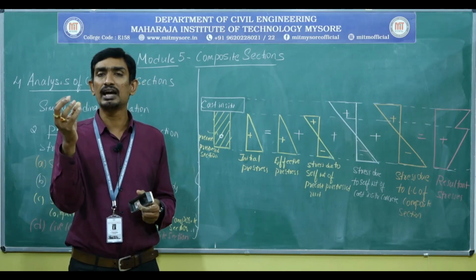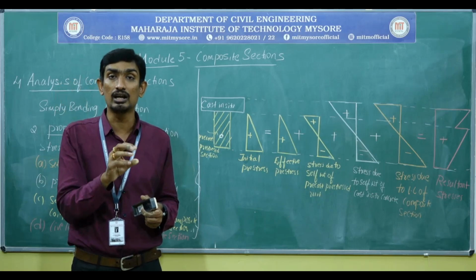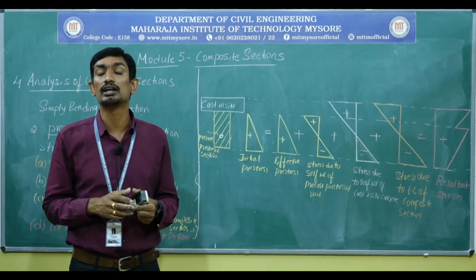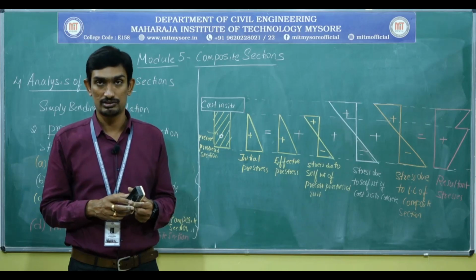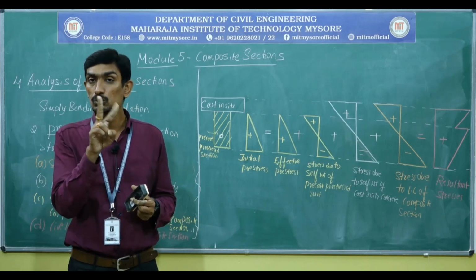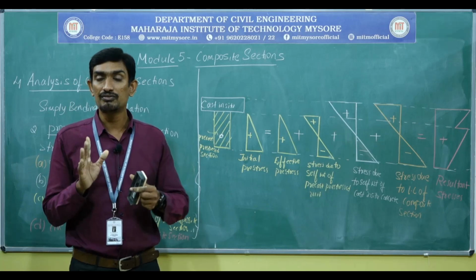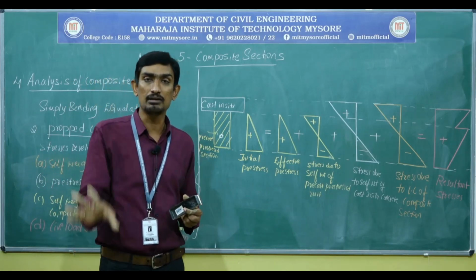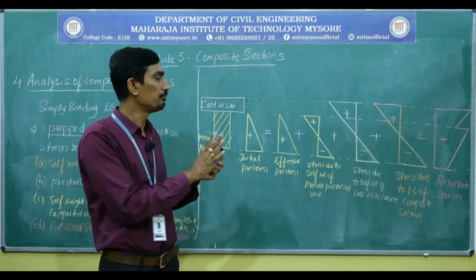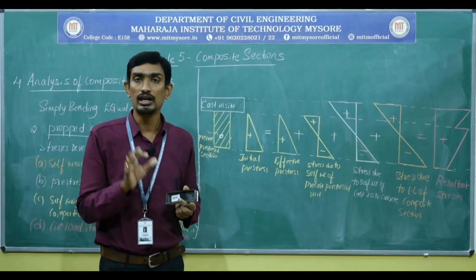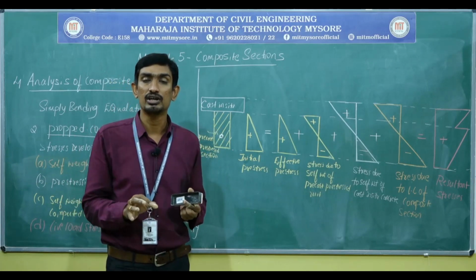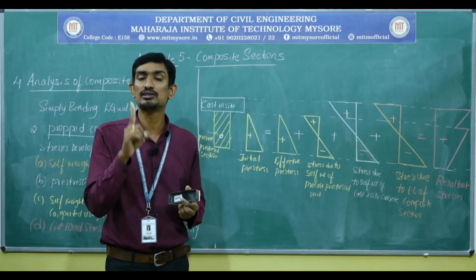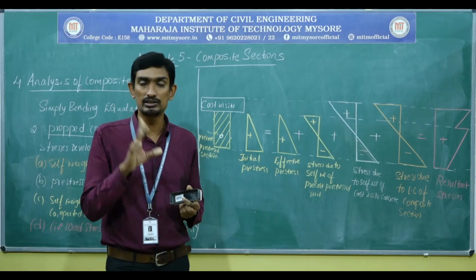We need to multiply this modular ratio factor to the composite section. Later we calculate the live load stresses. So these are the two things you need to understand. If nothing is mentioned and the modular ratio is the same, no need to worry, very simple, you just go through it. If the modular ratio differs, live load stresses will also differ. Please note this point.